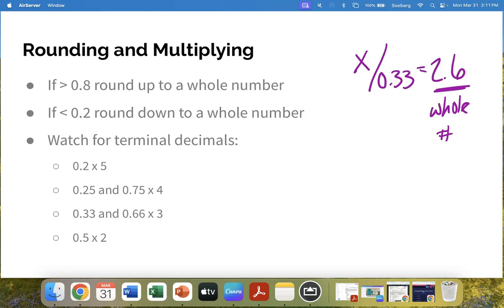If it's greater than 0.8, we're just going to round it up. If it's less than 0.2, we're going to round it down. If it's something in between, whatever it's closest to is what we're going to multiply by. So if it's 0.2, we multiply it by 5 to get a whole number. If it's 0.25 or 0.75, we multiply it by 4. If it's 0.33 or 0.66, we multiply it by 3. And if it's 0.5, we multiply it by 2. Again, this will make more sense as we go through one.